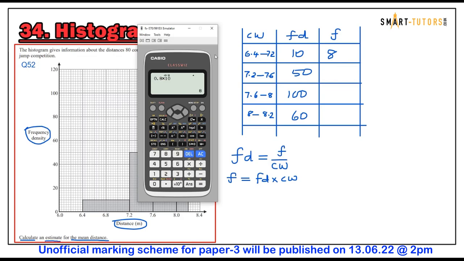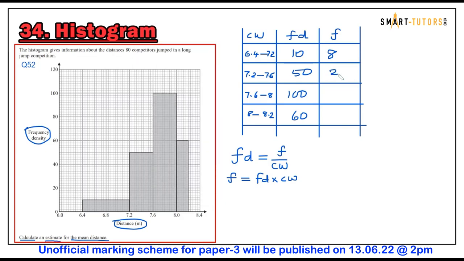And the next one, 7.2 to 7.6, is 0.4. 0.4 times 50 is going to be 20. Then the next one is 0.4 times 100, which is 40. 8 to 8.2 is 0.2, and 0.2 times 60 is 12.